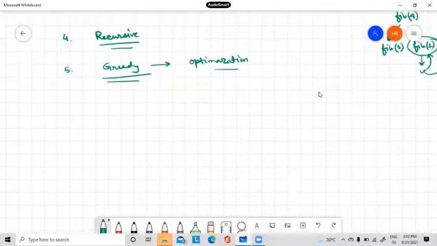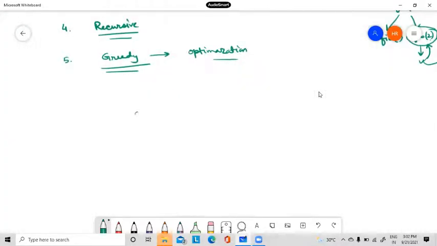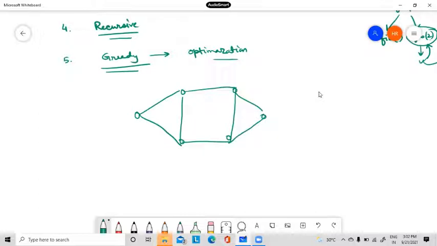I'm giving one example. Let us suppose these are different paths, and they are interconnected. This is my source, and I have to reach from there to there. Suppose this is Calcutta and I have to reach Delhi.